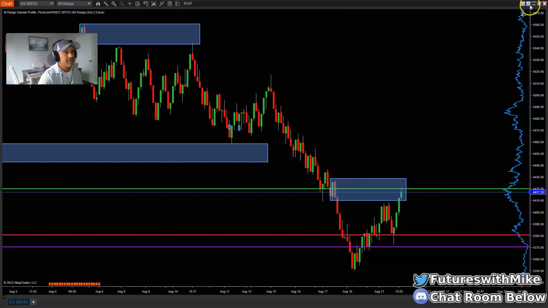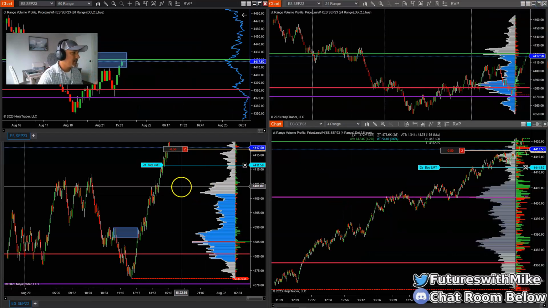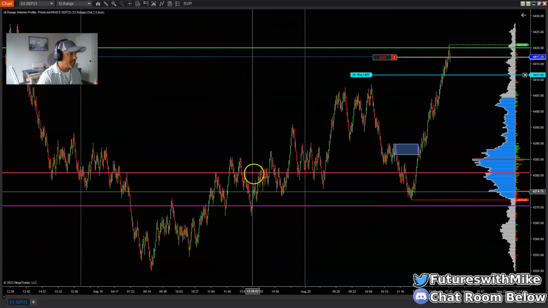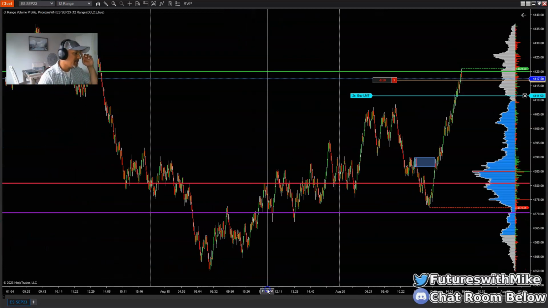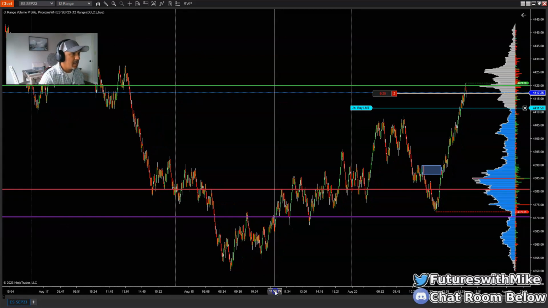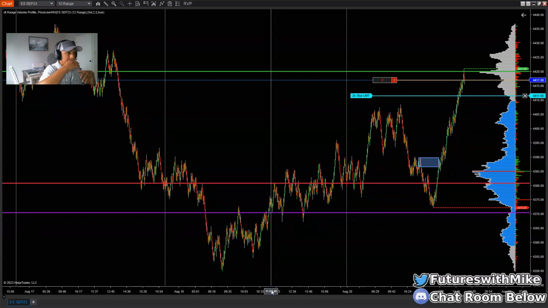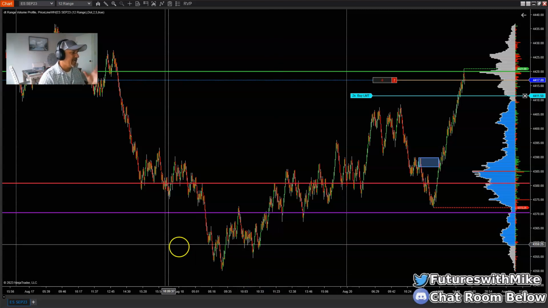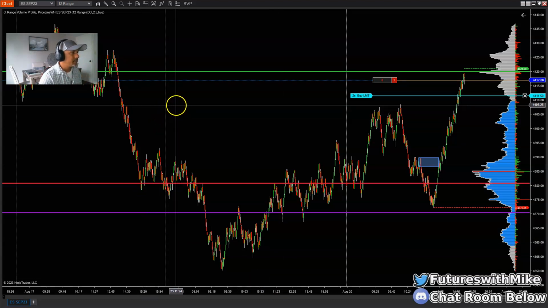All I did was scale down to my lower time frame chart, and within that general area of the supply area off the 60R, I like my zones to be narrow. So I move down to the lower time frame, the 12 range in this case, because I'm marking a supply zone off the higher time frame, and now I'm marking a supply zone off the lower time frame. This enables me to get a better entry point.